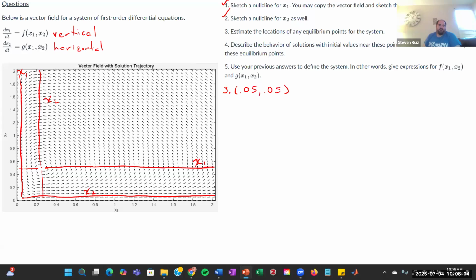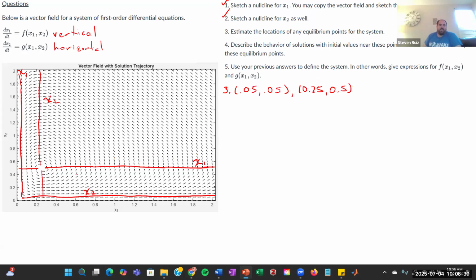I believe that's an equilibrium. It looks like there's no behavior, no slope there. So what can I estimate about that point? It looks like it's 0.25, 0.5, something like that. All right, is there anything else?